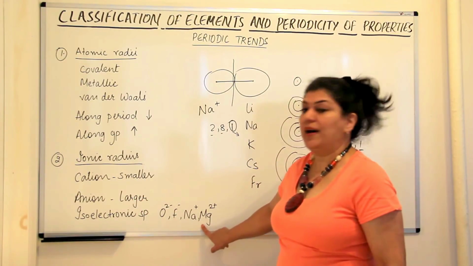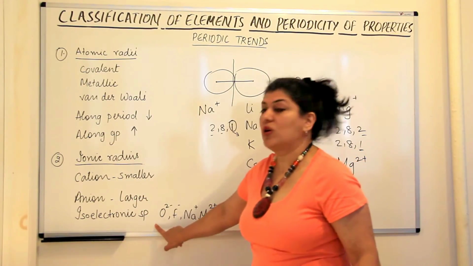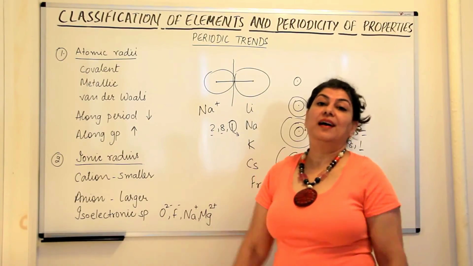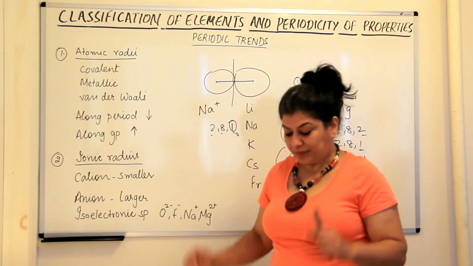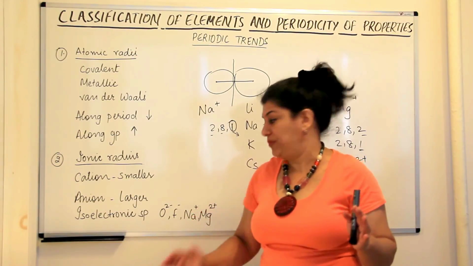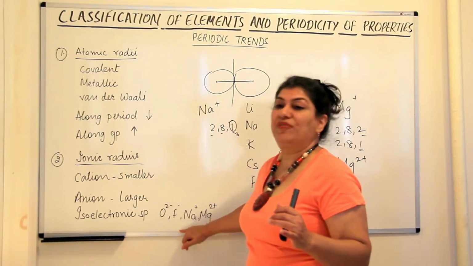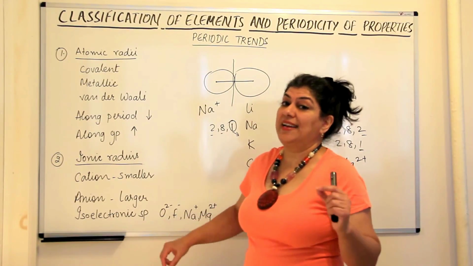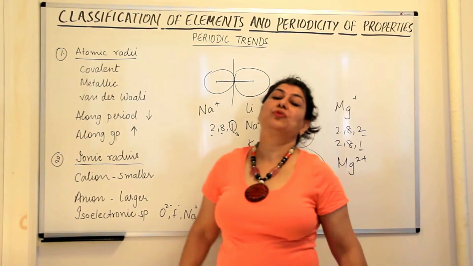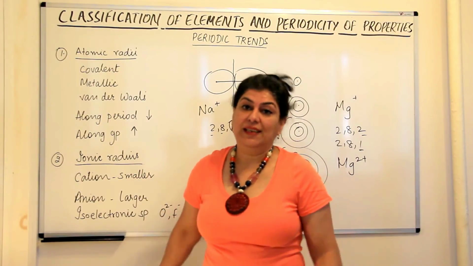So magnesium ion would be the smallest, while oxide ion would be the largest, although all of them have the same number of electrons. So when you have isoelectronic species, the number of electrons does not decide the size. It is the number of protons in the nucleus that decides the size of the ion.